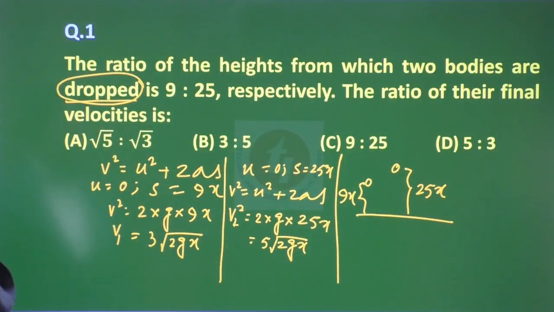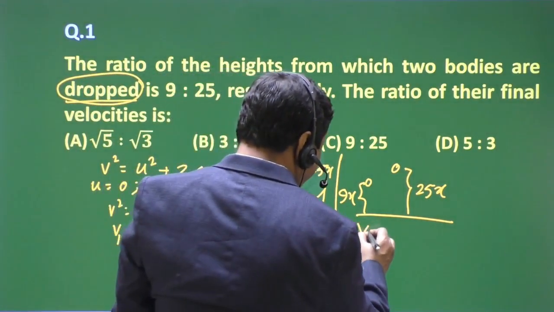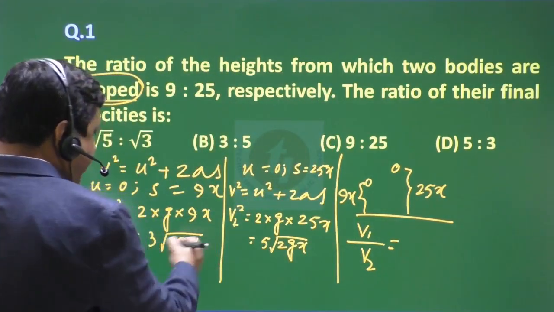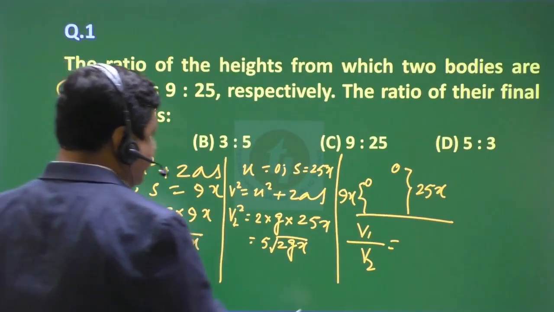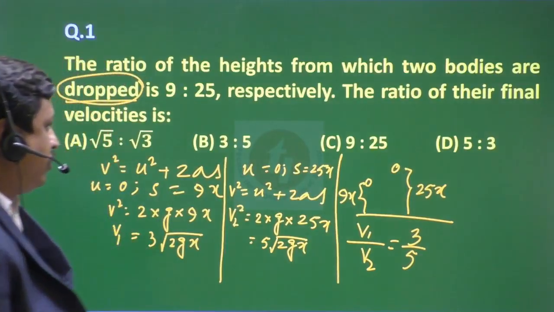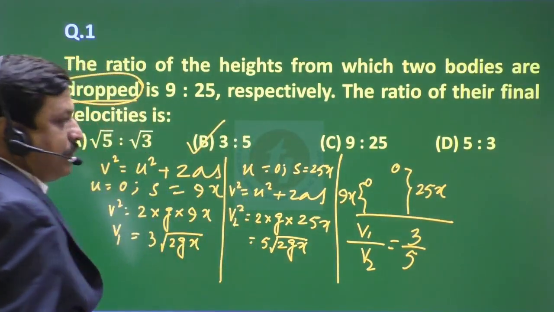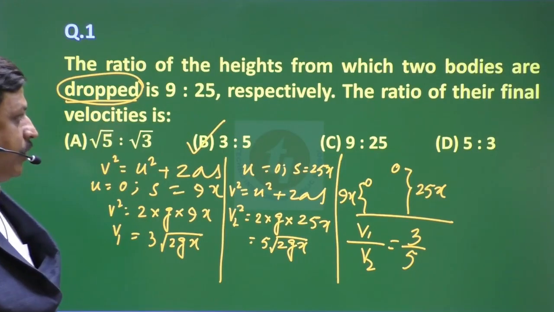Then what is the ratio? What is the value of v1 by v2? v1 is 3 into root of 2gx, v2 is 5 into root of 2gx, that means 3 by 5. Root of 2gx cancels, 3 is to 5, that means option B is correct. Is there any problem?